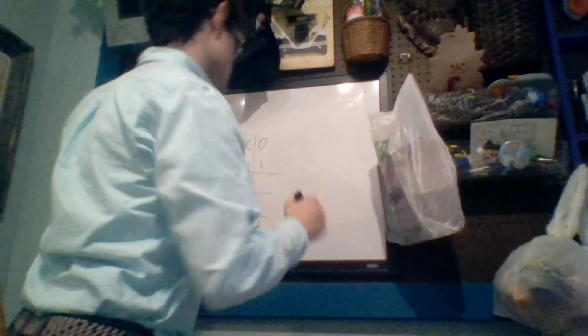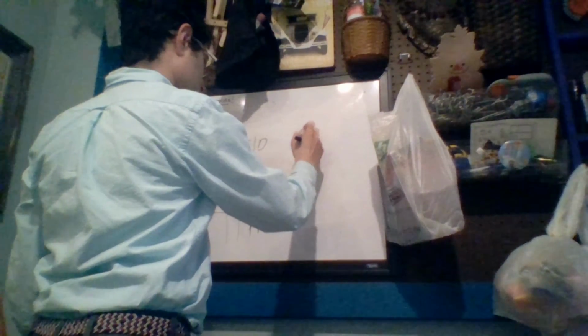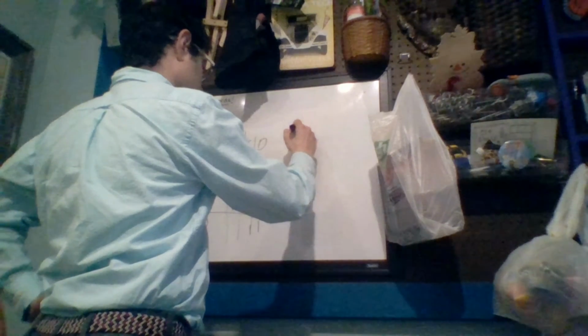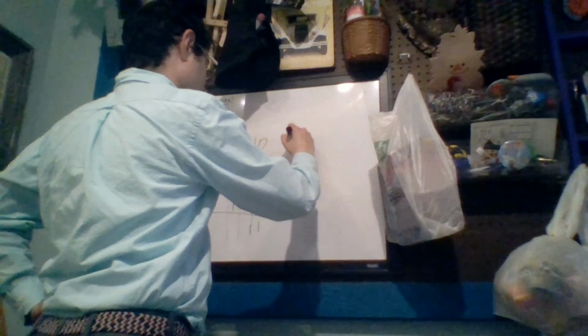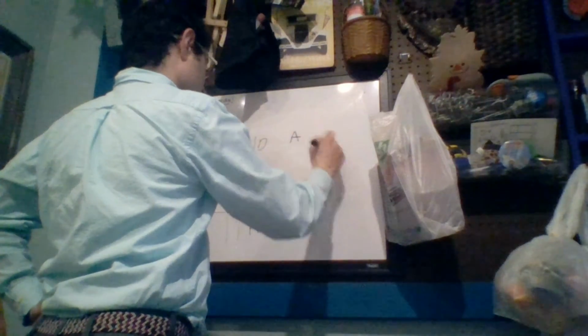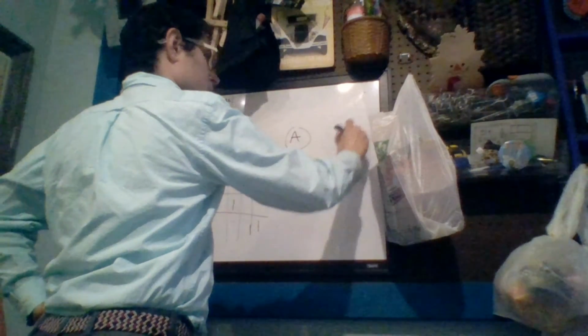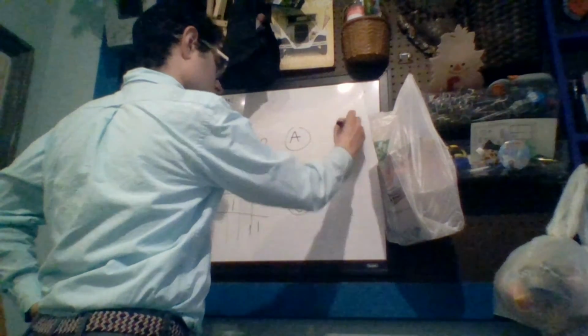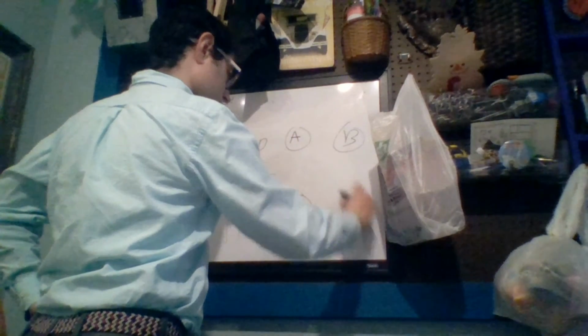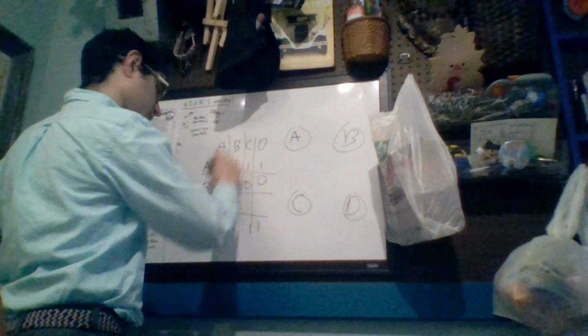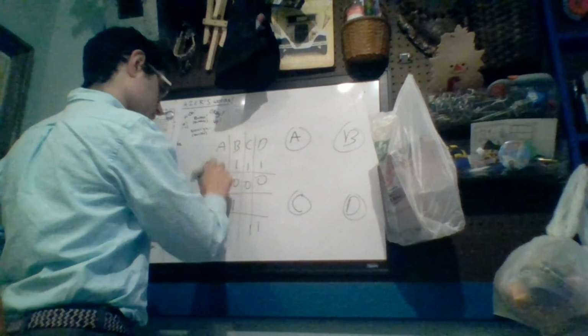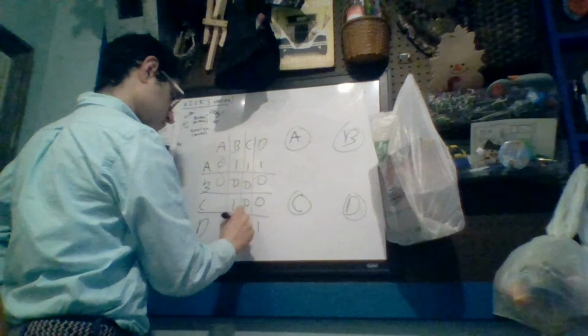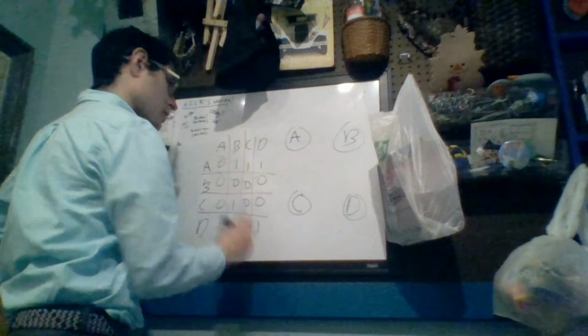So let's get our graph here. We have A, B, C, and D, and we'll fill these in with zeros for everything else.